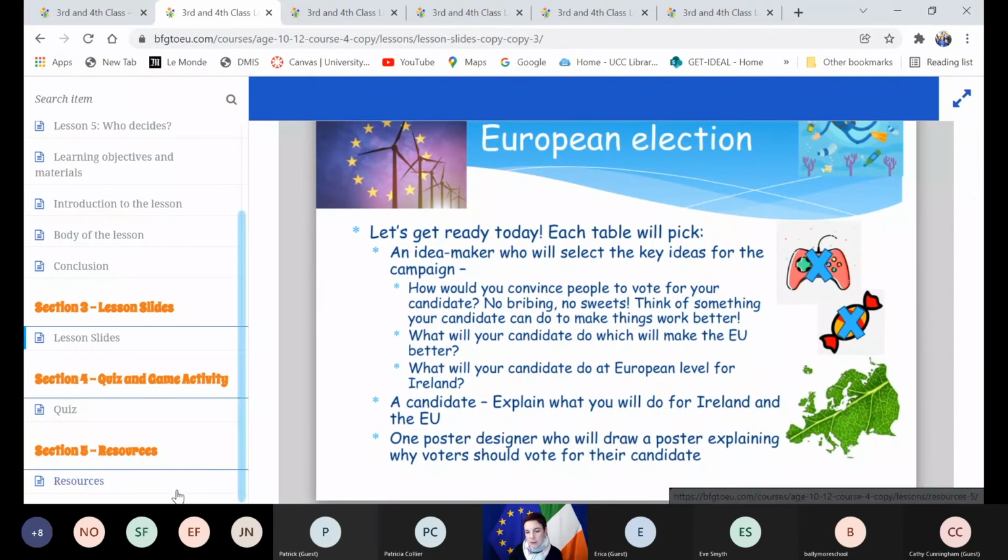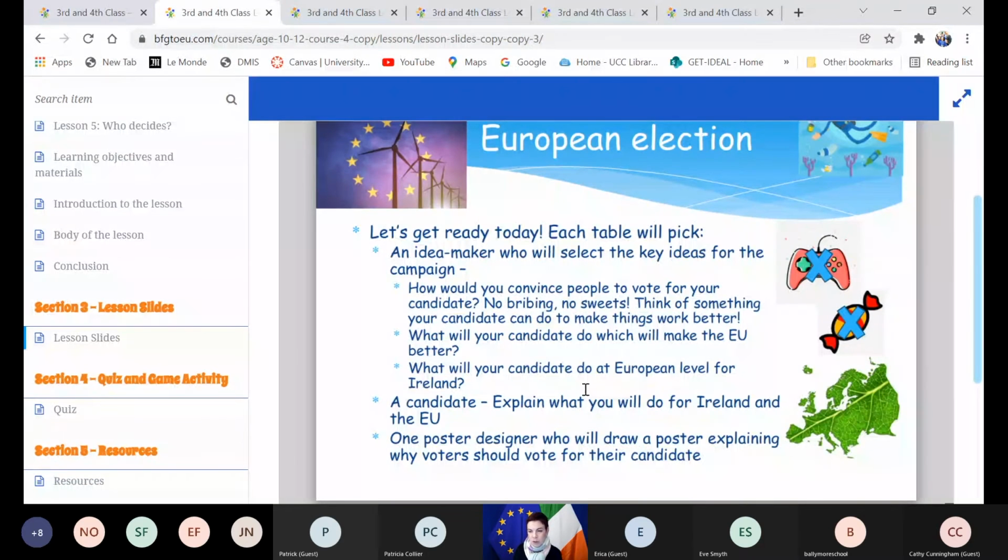And you have in the resources again all the different roles that are attributed to the children. So you'll have the candidates, the journalists, the poster designers, the idea makers, the people who will think strategically about what to argue to be elected, and then you will have the voters, right? And you organize a debate. So that will be in lesson 6.